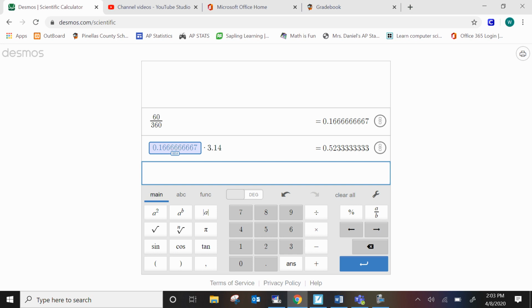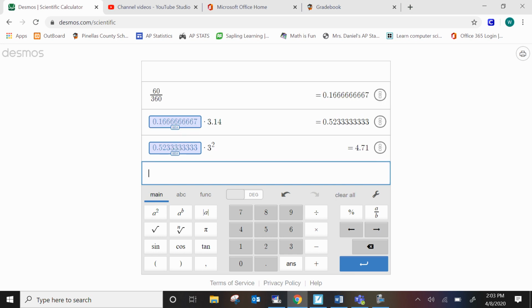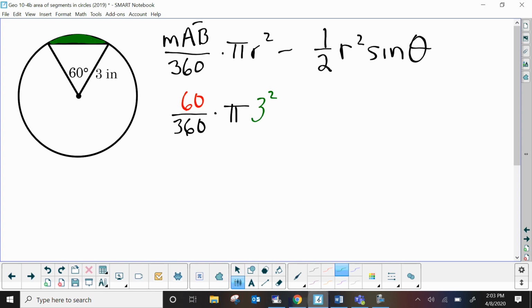So I'm going to use that answer again, times my radius, which was 3 squared, 4.71. So this first answer is 4.71.